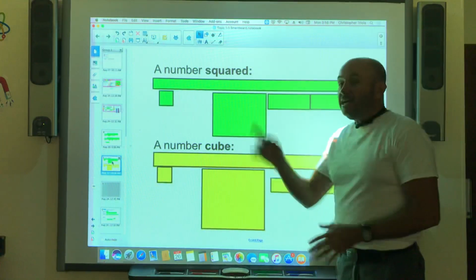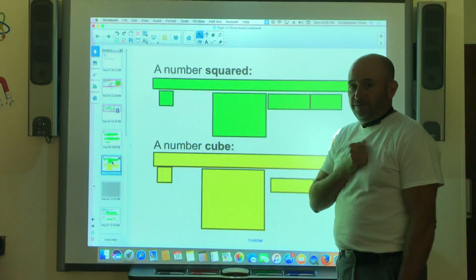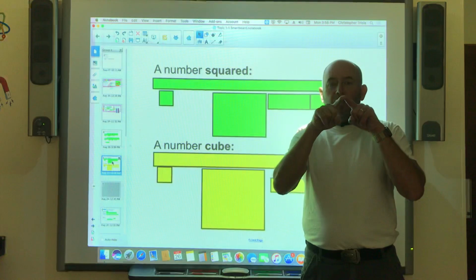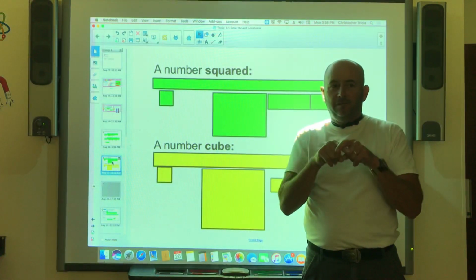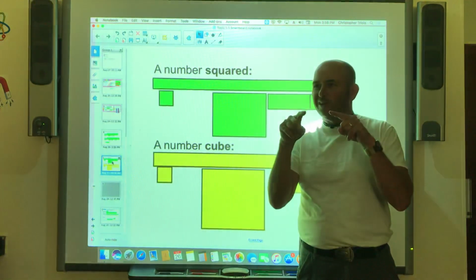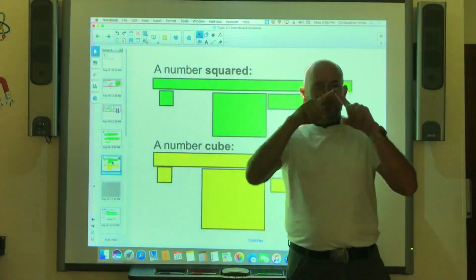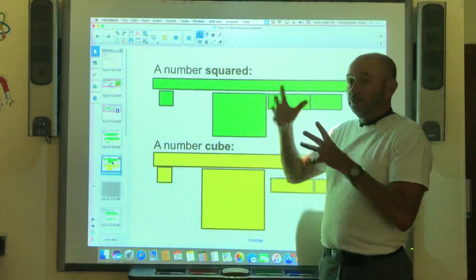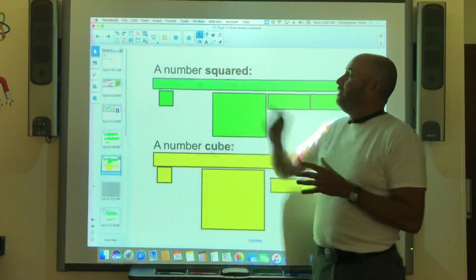Okay? A number squared. Kids, show me a square using your fingers, right? Yeah, a square. Everybody knows what a square is, okay? Now, a number squared. Some of you know what this is.